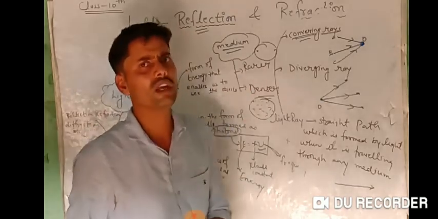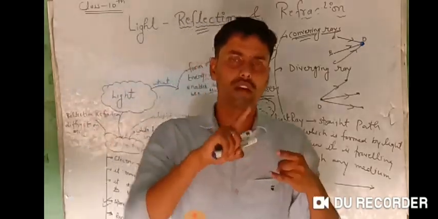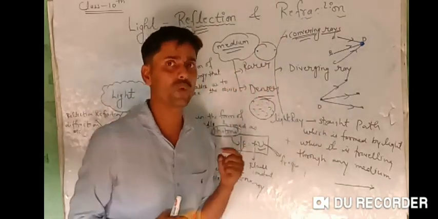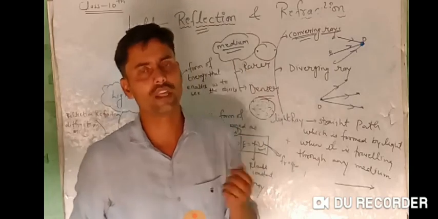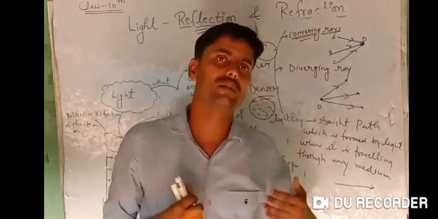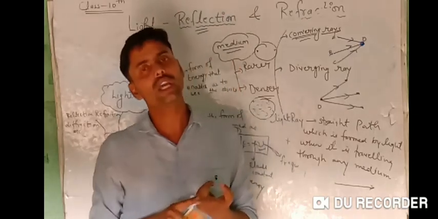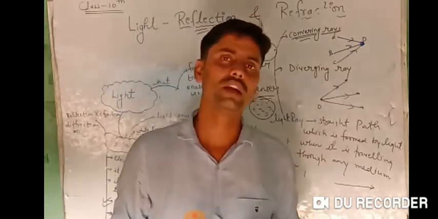When we compare air and liquid, then liquid will be denser and air will be rarer. When we compare hot air and cold air, then hot air will be rarer and cold air will be denser.